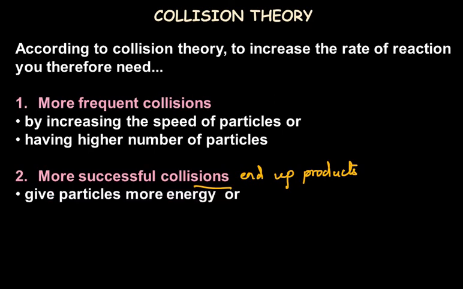So to increase the successful collisions, we can give particles more energy so that enough particles have the activation energy to undergo the reaction, or we can lower the activation energy so that a greater number of particles can undergo successful collision and end up in the product. So there are two factors: increase the frequency of the collision or increase the number of successful collisions.